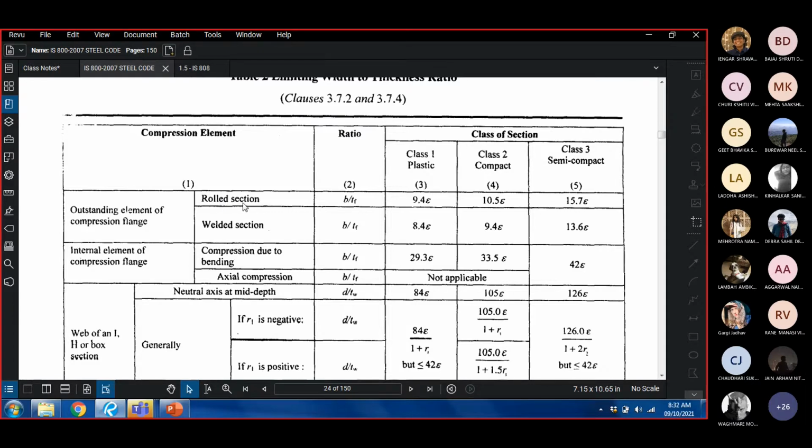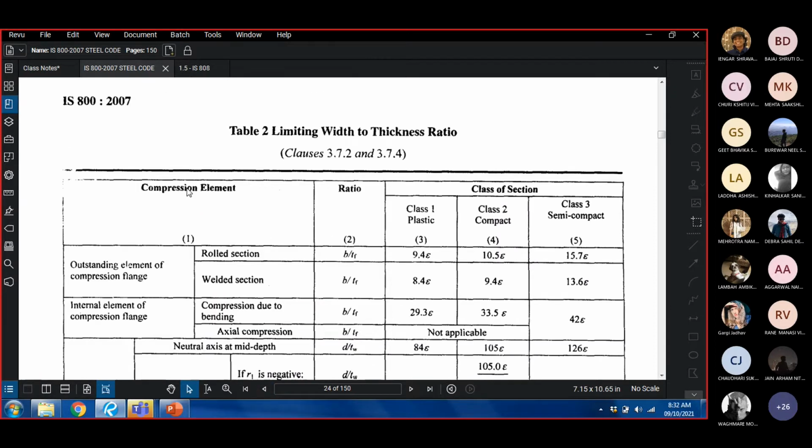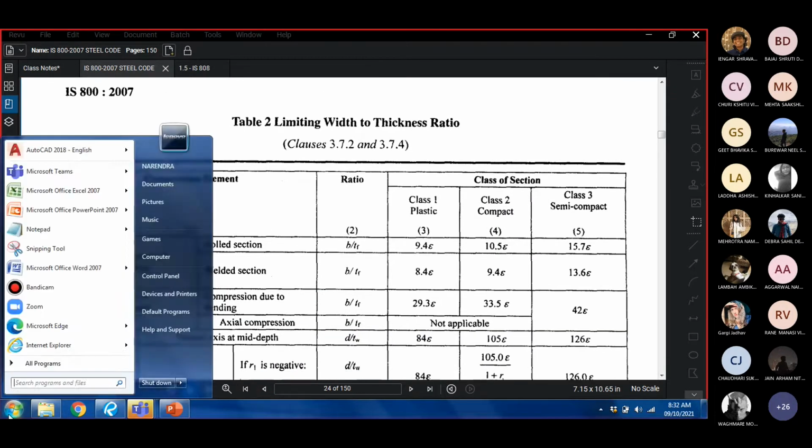So we use this particular row. So what do we need here? We need the ratio of B upon TF. So what is B? B is half the width of the flange, and TF is the thickness of the flange. That is what we need. For your ease of reference, I can just take snapshots and paste them there.